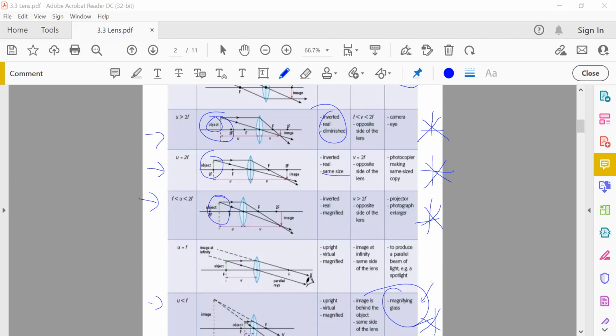Wait, Shani, only draw the skeleton. You're supposed to end up with something like this.